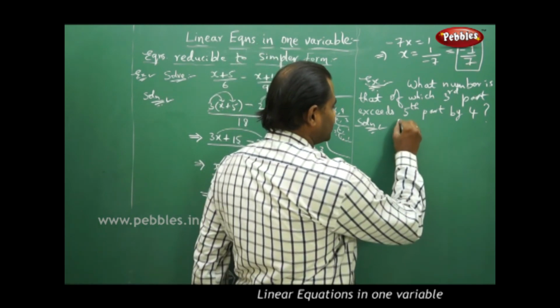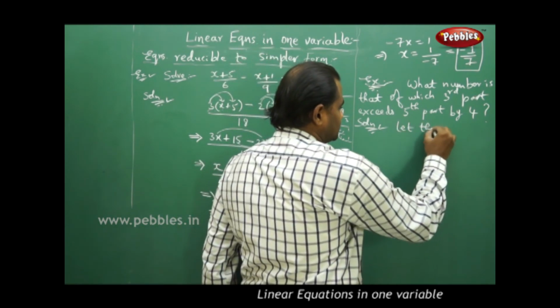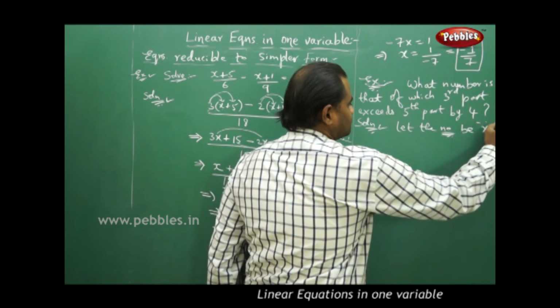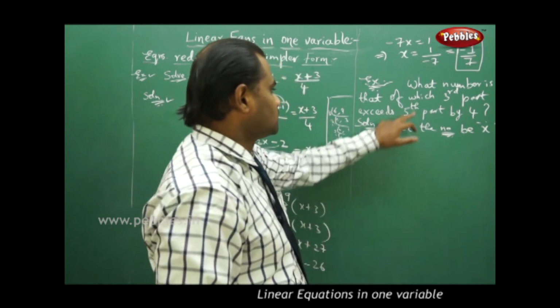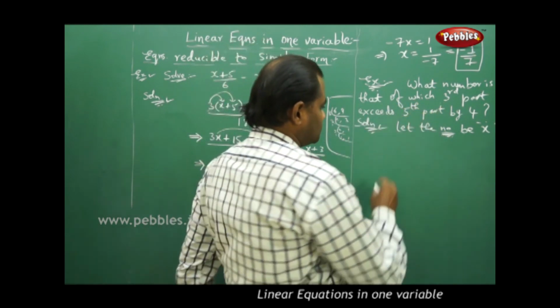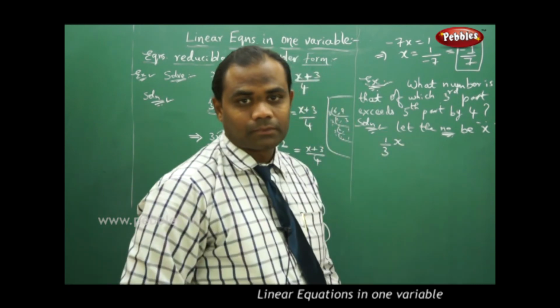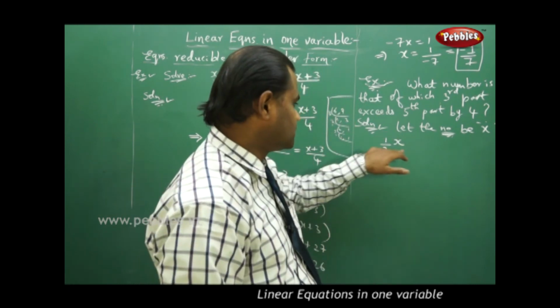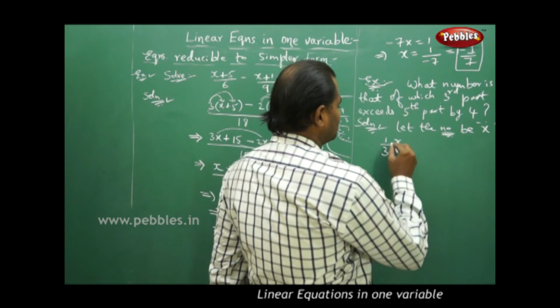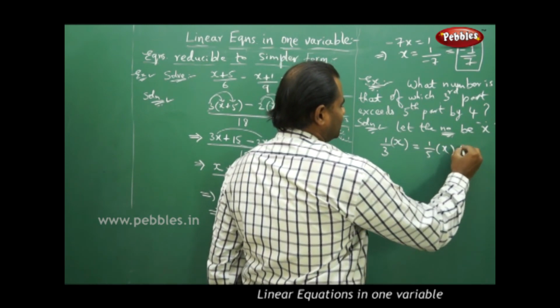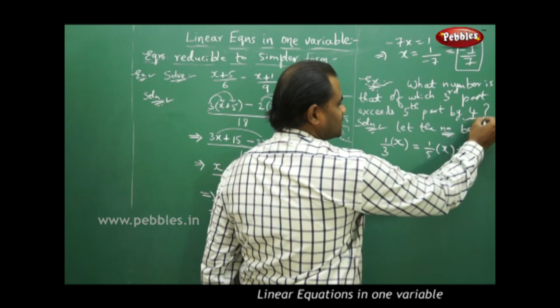So here, let the number be x. Now, it is given that the third part of x is 1/3 of x. The third part of x exceeds the fifth part by how much? By 4 units, as given here.